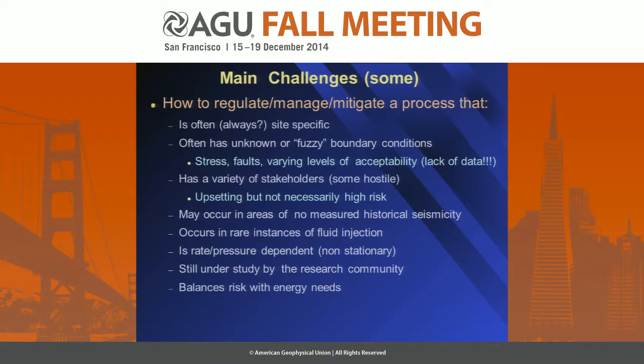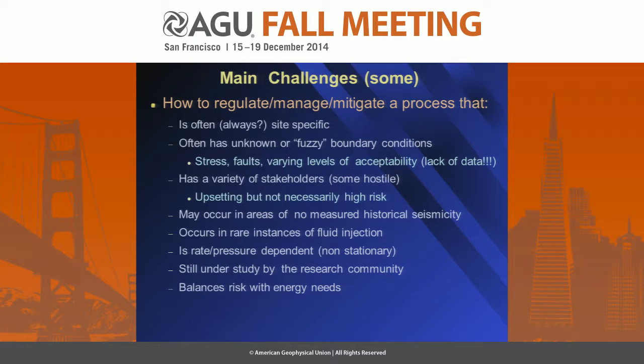So, okay, here are some of the main challenges. Induced or triggered seismicity is very site-specific. It's almost different for every case. You're in a different area, different geologic regimes, different stress regimes, different populations, things of that nature. You often have fuzzy boundary conditions.